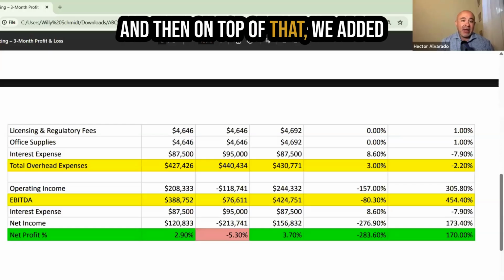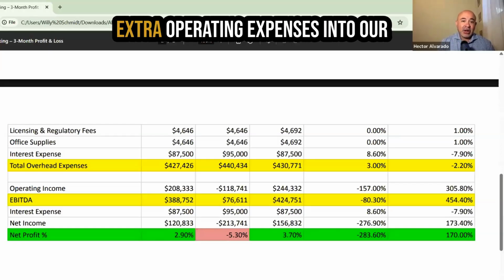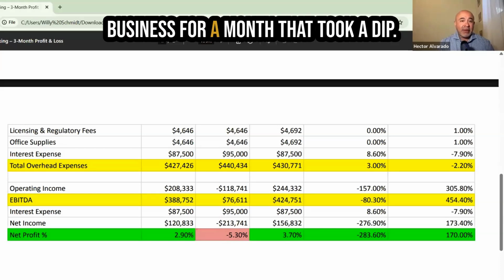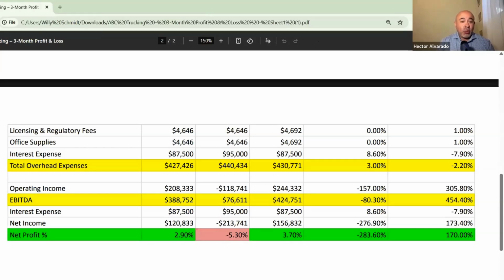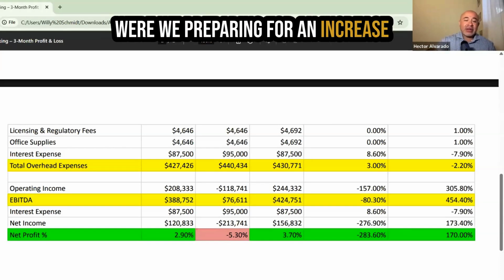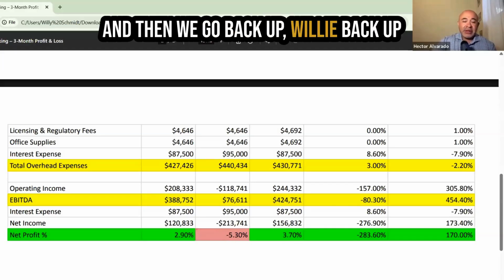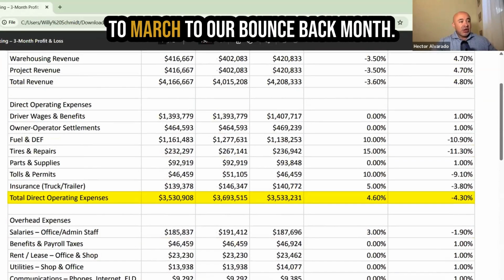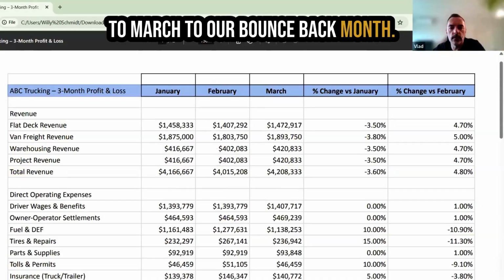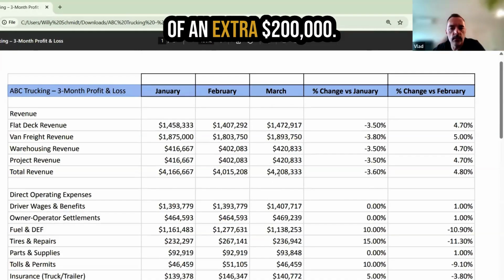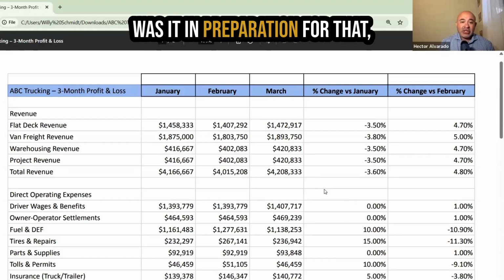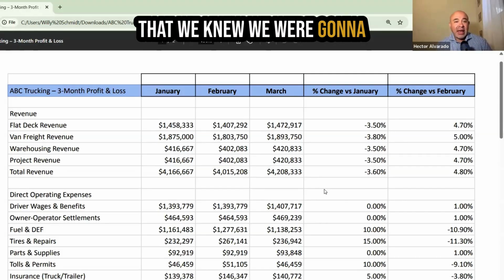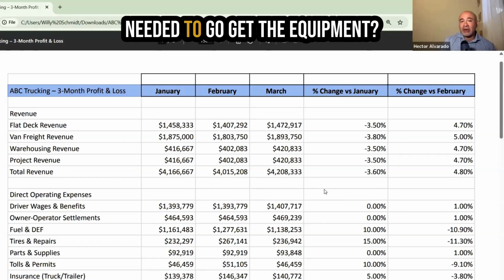And then on top of that, we added extra operating expenses into our business for a month that took a dip. Were we preparing for an increase? And then we go back up, Willie, back up to March, to our bounce back month that showed an increase of an extra $200,000. Was it in preparation for that? That we knew we were going to have additional business, so we needed to go get the equipment?